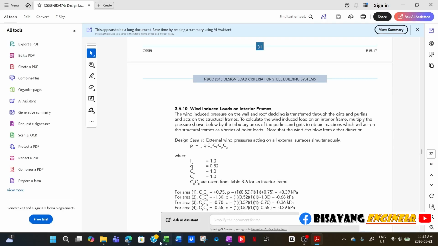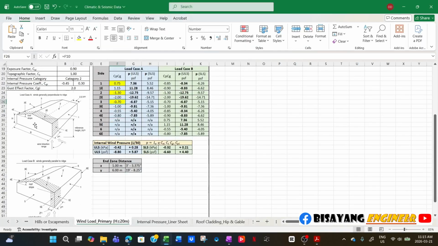I don't know, I cannot find it. But basically, you will see a value of all the CpCg coefficients, depending if it's load case A. Load case A is perpendicular to the ridge, and load case B is if it's parallel to the ridge line. So it has different coefficients of CpCg.